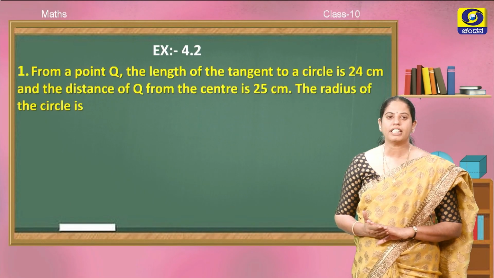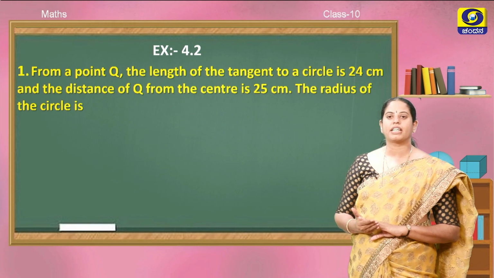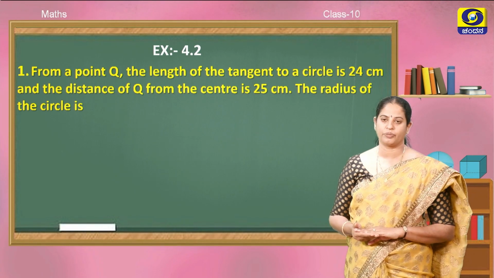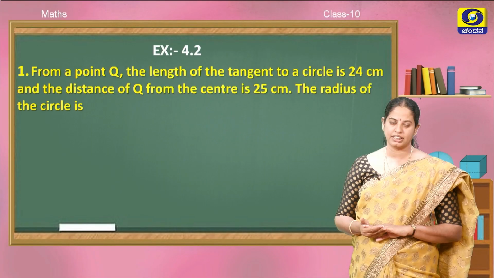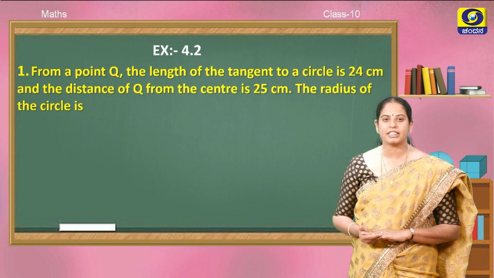Now, let us solve some problems in exercise 4.2. The first question is like this. From a point Q, the length of the tangent to a circle is 24 centimeter and the distance of Q from the center is 25 centimeter. The radius of the circle is. Here we have to find the radius of the circle.